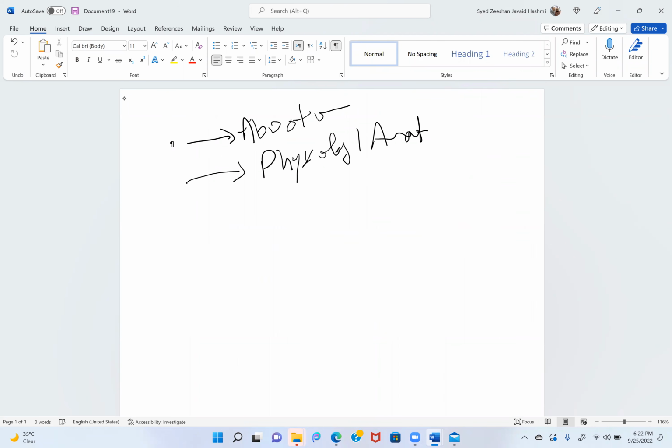Okay. And at the time of extubation, instead of glycopyrrolate, we have to use atropine along with the neostigmine. Okay. What is the reason for it?